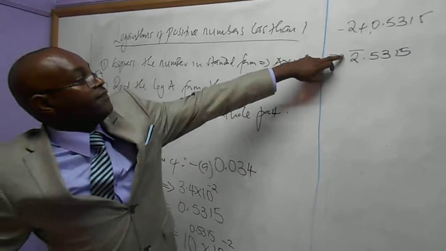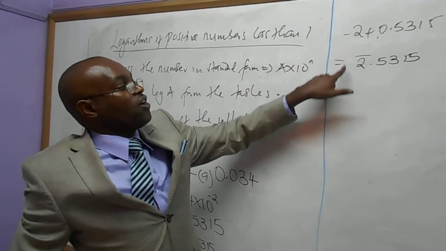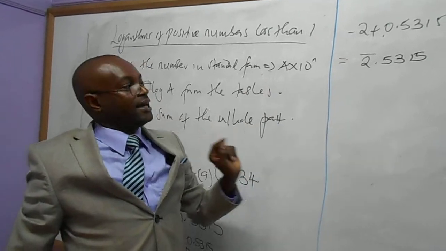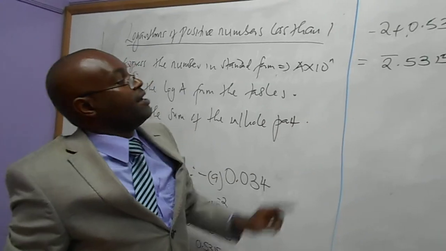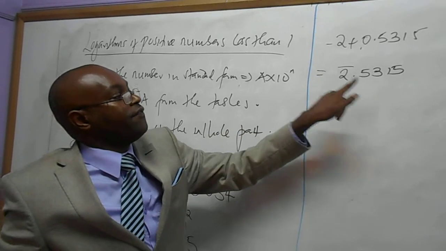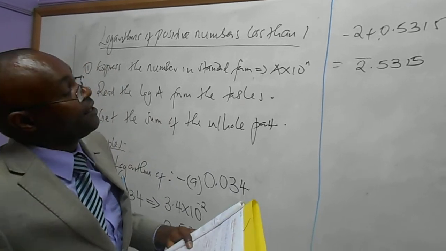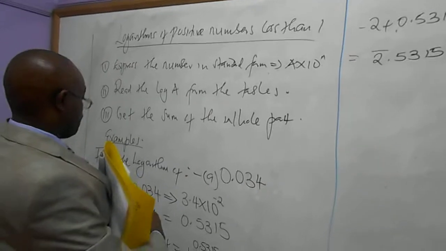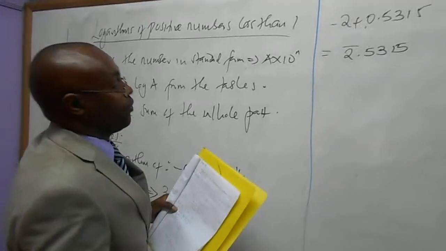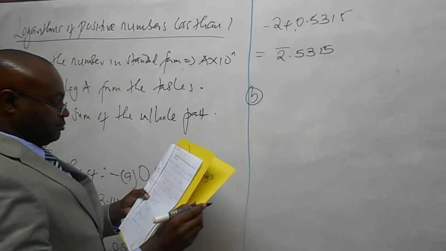The negative is placed above the 2 to show that it is only the characteristic that is negative. The rest is positive. We read this as bar 2.5315, and that is the logarithm of 0.034.